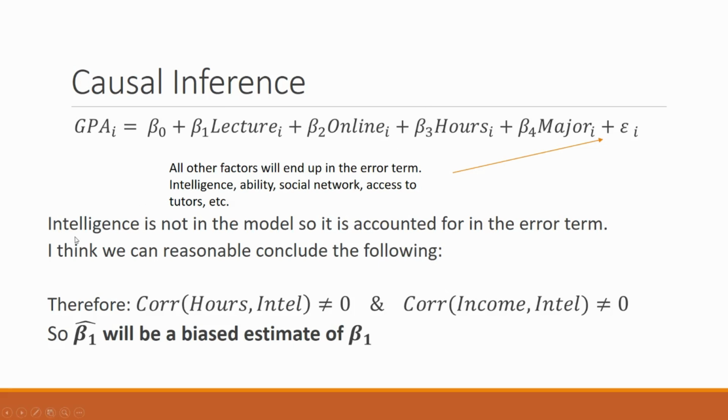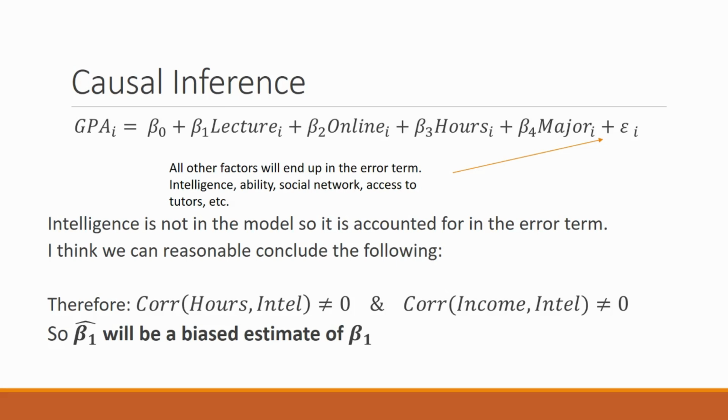All right, well, I know that intelligence is excluded from the model. The question is, is that going to cause omitted variable bias? It will cause omitted variable bias if intelligence is correlated with hours spent studying and if intelligence is correlated with GPA. Well, let's think about it. Is intelligence going to be correlated with hours spent studying? I think so.